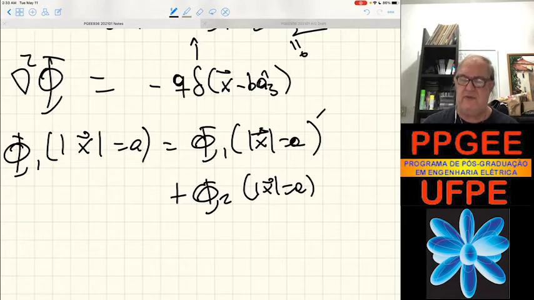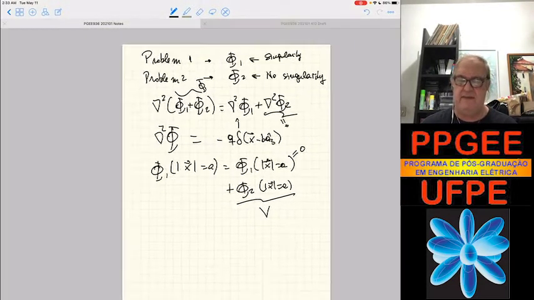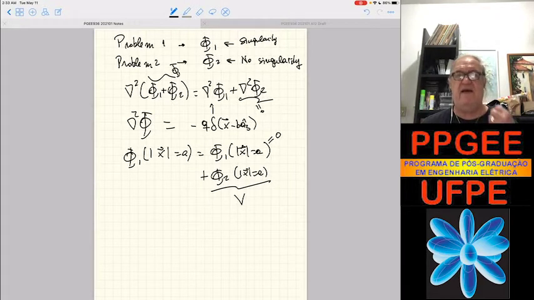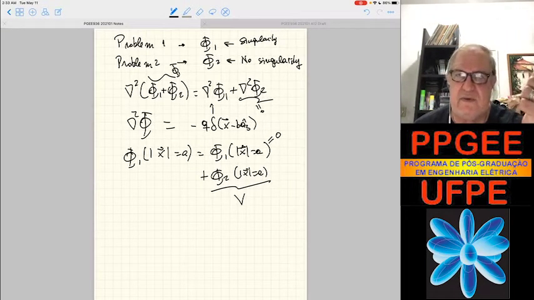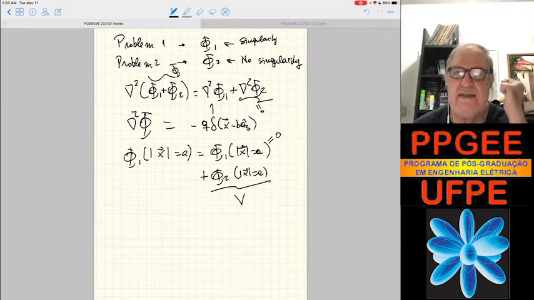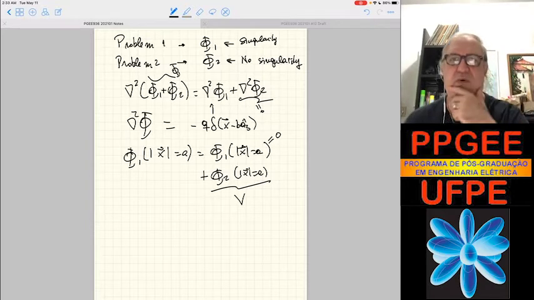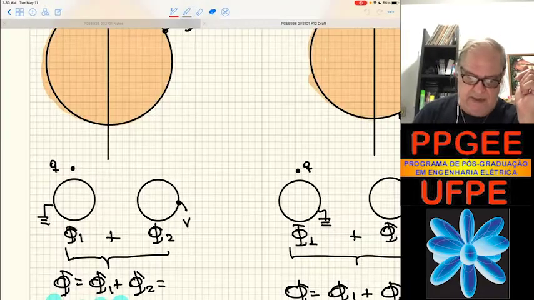The solution 1, the one we solved, is 0. And this one, by definition, is V, right? So the sum satisfies the boundary conditions, and the sum satisfies Poisson's equation. So by uniqueness, that's the solution, right?